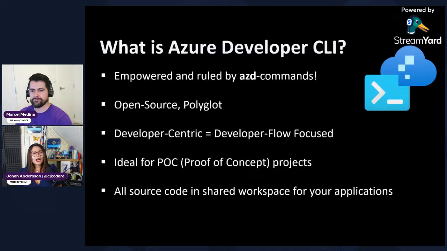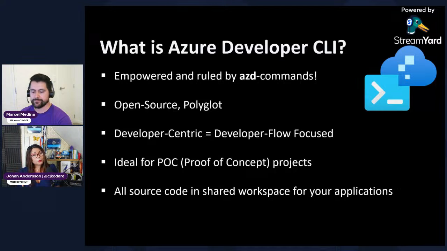So how does Azure Developer CLI help us with developer productivity? Because the Azure Developer CLI, or AZD, actually solves the problems of developer productivity. That's what they built this tool for.